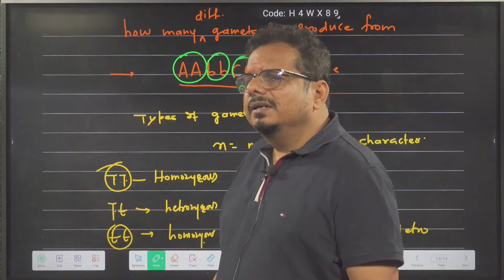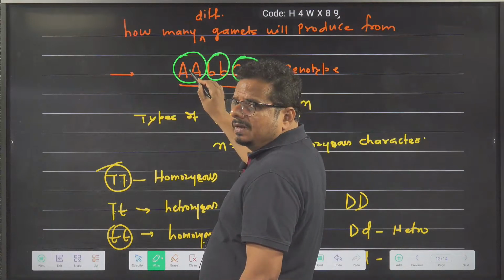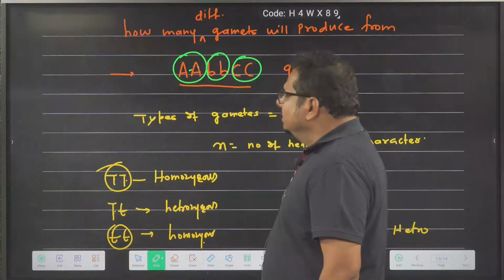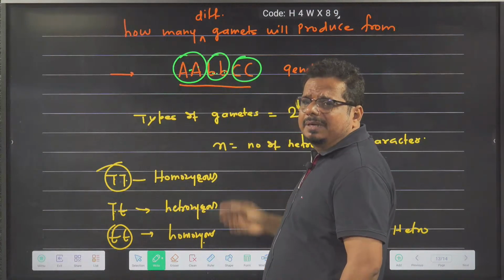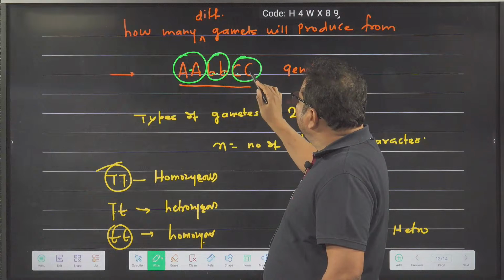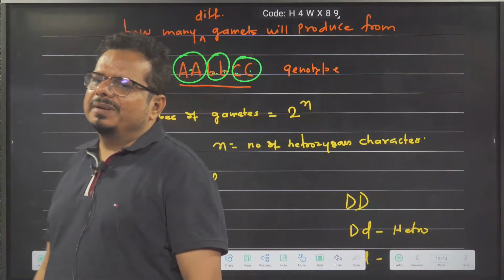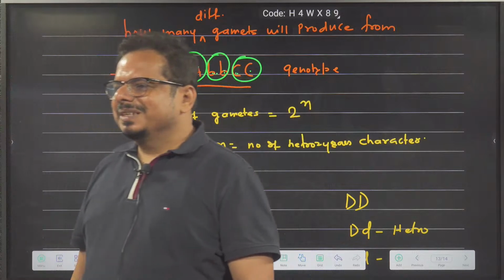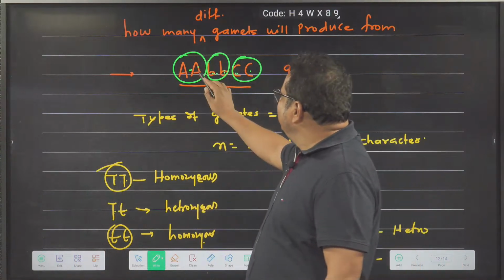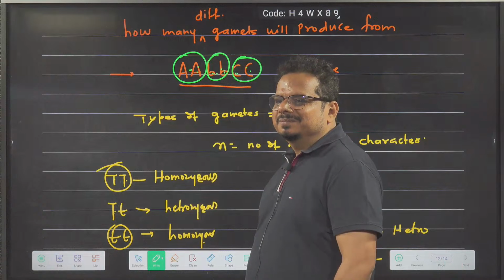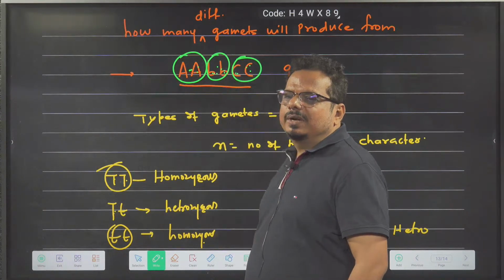Agree or not? Now you tell me, this is homo, capital A. This is also homozygous, small b, both are the same letter. This is also homozygous, capital C. So now I am asking a question, how many heterozygous are there? How many heterozygous characters are there here? It is homo. So heterozygous is 0.